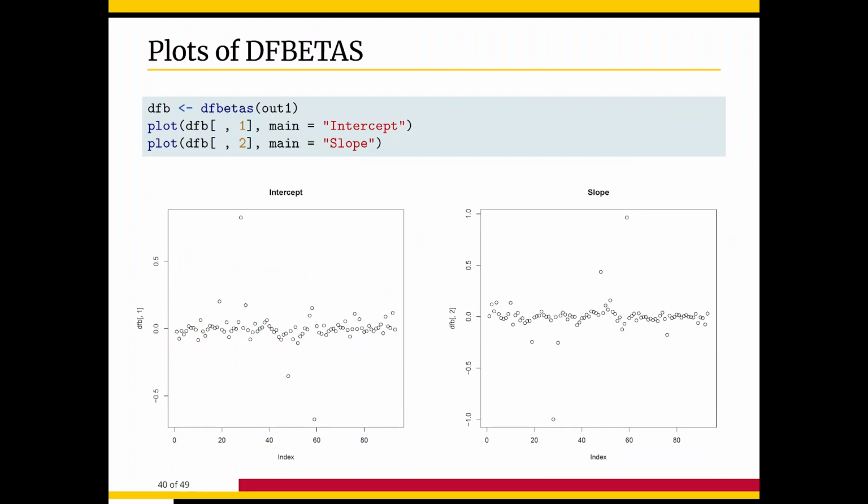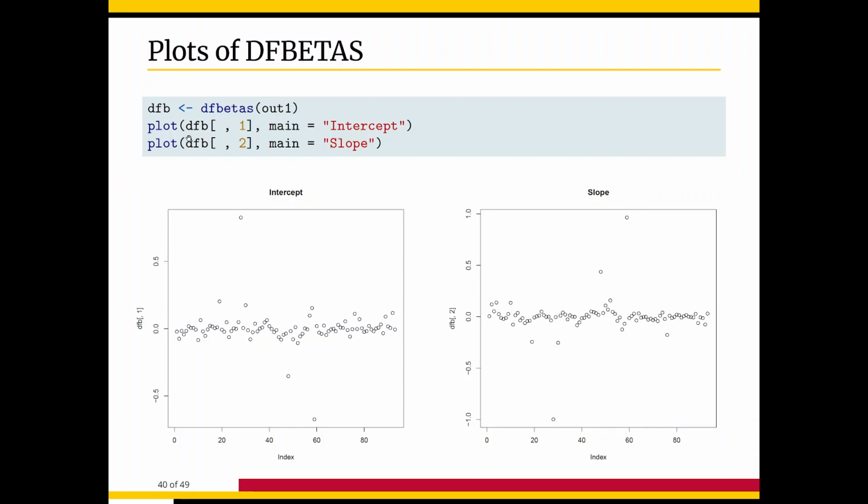For the DFBETAS, when we calculate them, which we can do with just the dfbetas function, we get a matrix as the result, where we have one column for every coefficient, including the intercept, and a row for each one of our observations. In this particular model, it's a simple linear regression, so we only have an intercept and a slope.